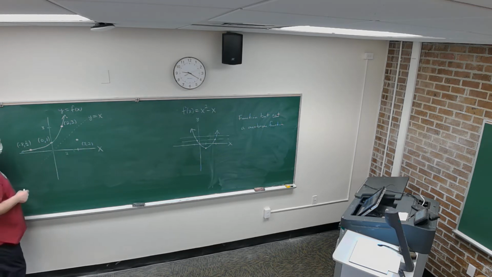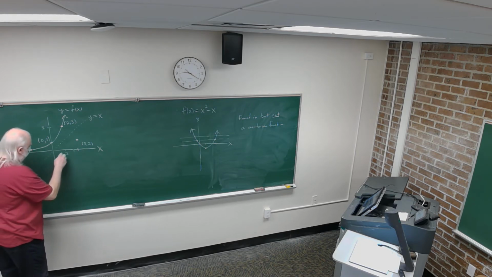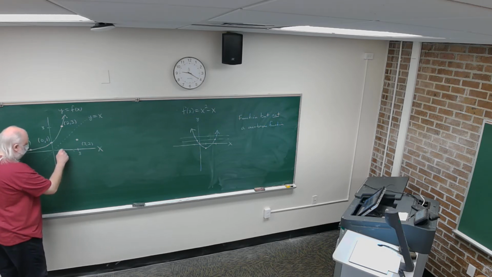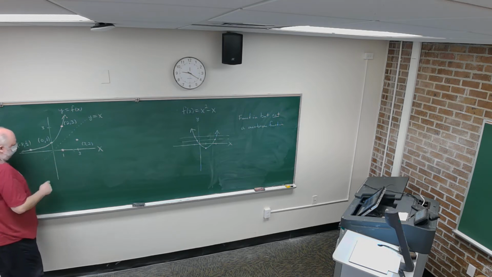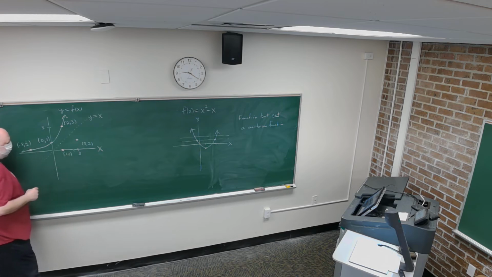The point (0, 1) is on the one-to-one function, so when I reverse the x and y coordinates, I get the point (1, 0). I'm not getting this exactly to scale, but you get the idea. So here's the point (1, 0) on the x-axis.